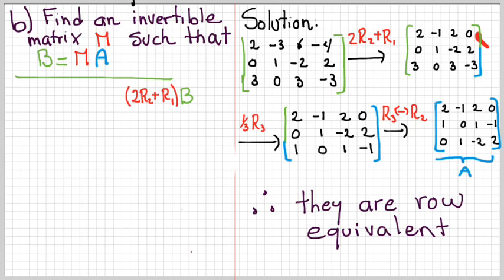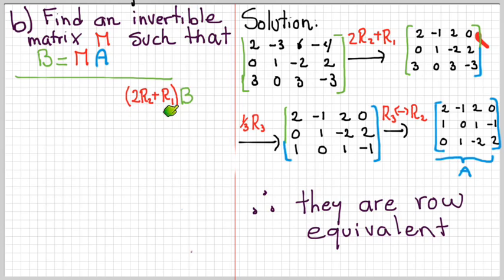So we see that the row operation that I am performing here is equivalent to multiplying on the left by the elementary matrix corresponding to the row operation. In parentheses, I'm writing the elementary matrix associated to the row operation. Remember that an elementary matrix is the matrix resulting after applying this elementary row operation to the identity.